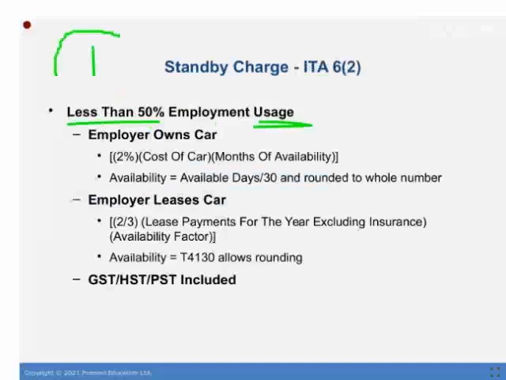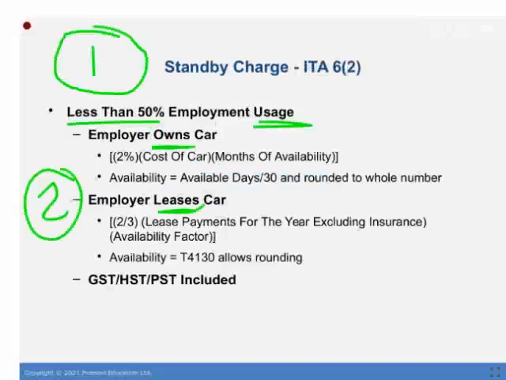So step one, find out the usage. That will determine which formula you're going to use. Step two, determine if it's a lease or owned.